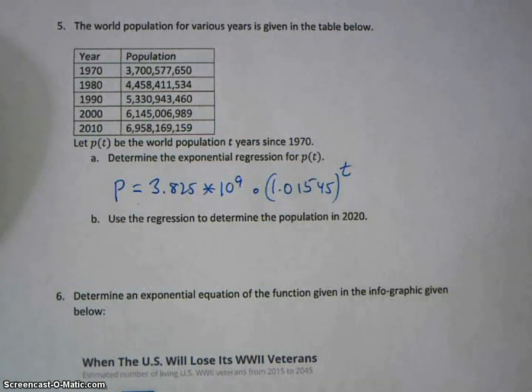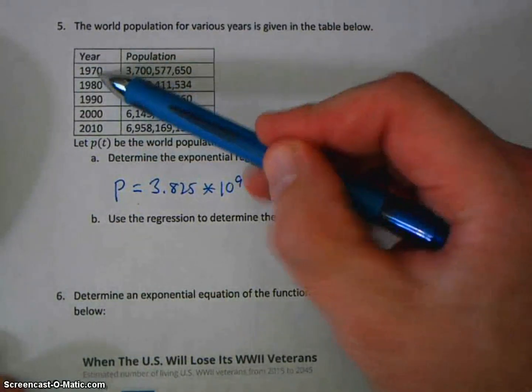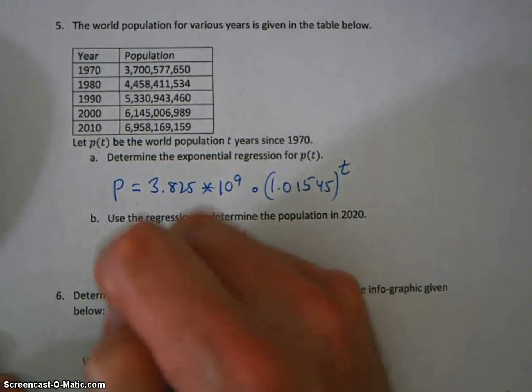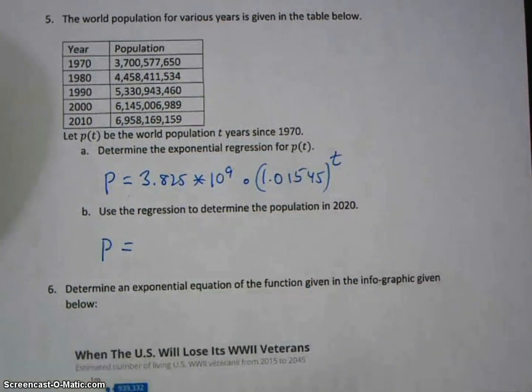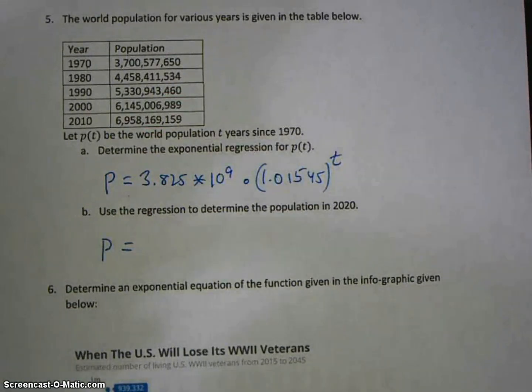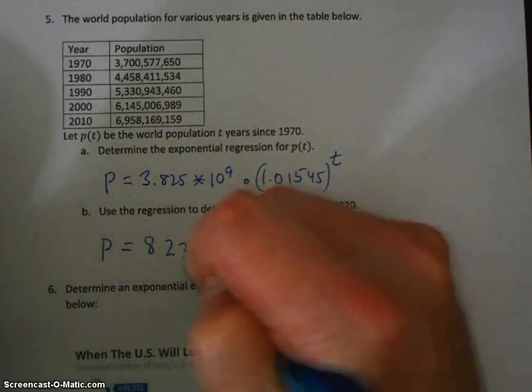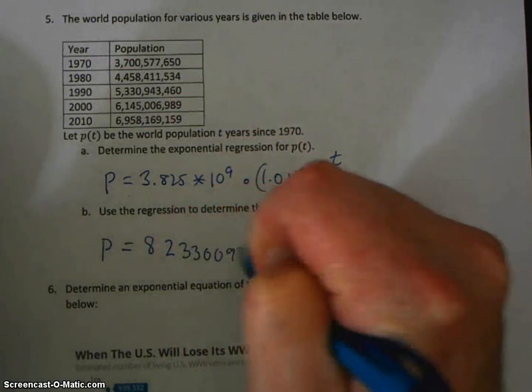Use the regression, determine the population in 2020. Let's see, 2020 was 50 years since 1970. So I plug 50 into this formula. I'm just going to grab my calculator instead of writing it all down again. 3.825 times 10 to the 9 times 1.01545 raised to the 50, I get 8,233,009,870.